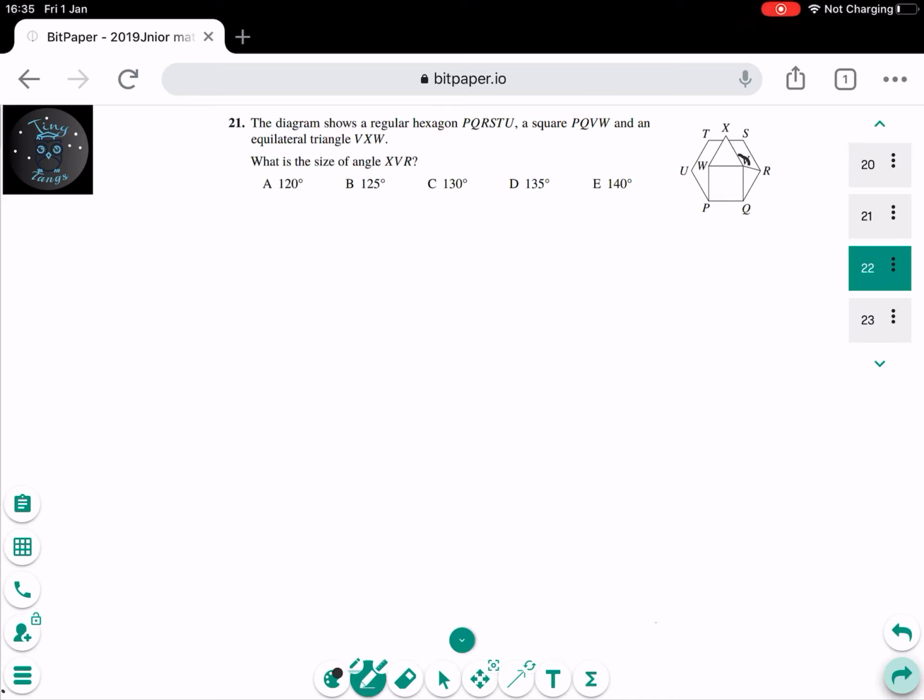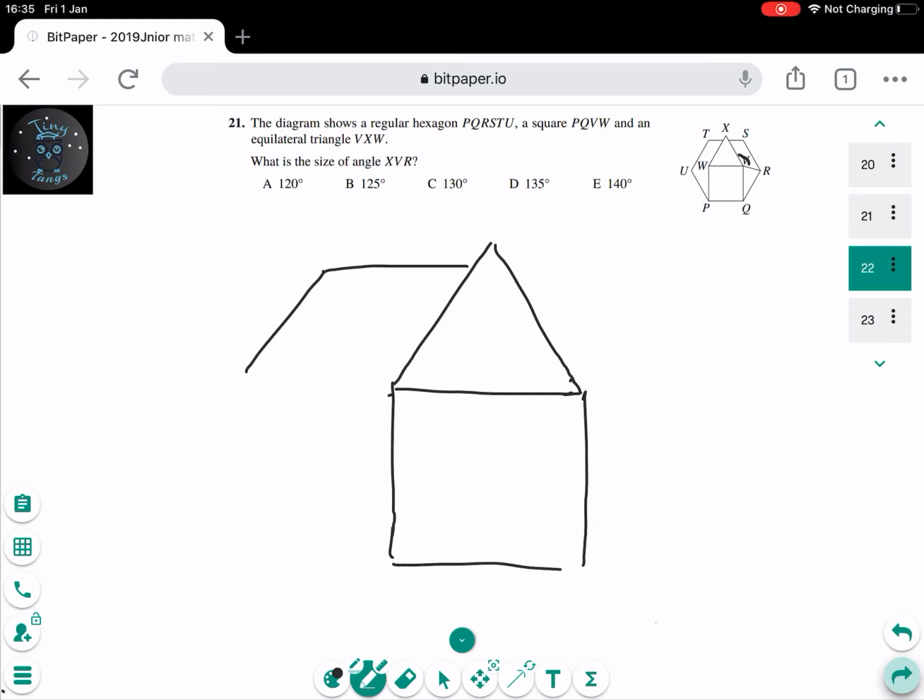Wait, let me enlarge this first. Excuse me for my bad drawing, but it asks us what this angle is.